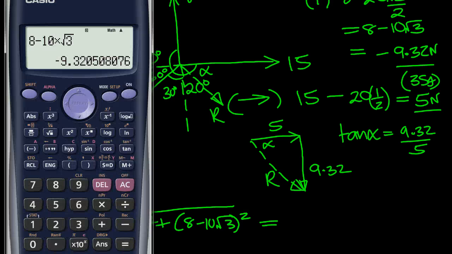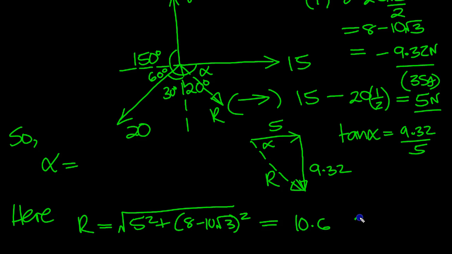Let's square it, plus the 25. Now square root the answer. 10.576, so it's 10.6, isn't it? Three significant figures. And that's newtons.